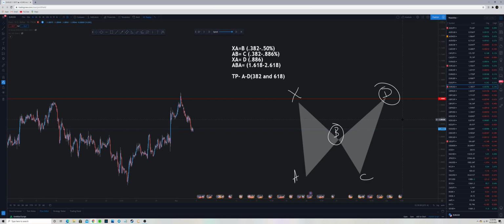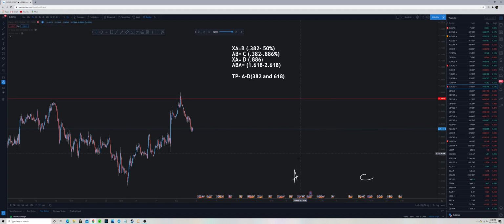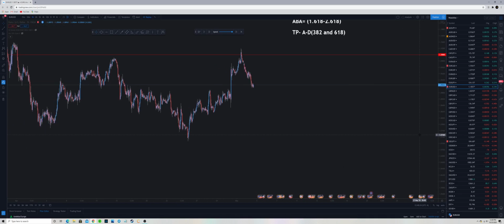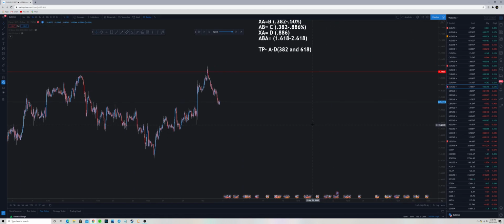For this bat pattern, the reversal zone at the D point is the 886 with the 1618 ABA. Now you might be thinking, what the heck is an ABA? Well, we'll get into that in a bit. So like I said, B point, D point, most important points in the harmonic, because that's what determines everything. C point is important too, but not as important as the B point and the D point.